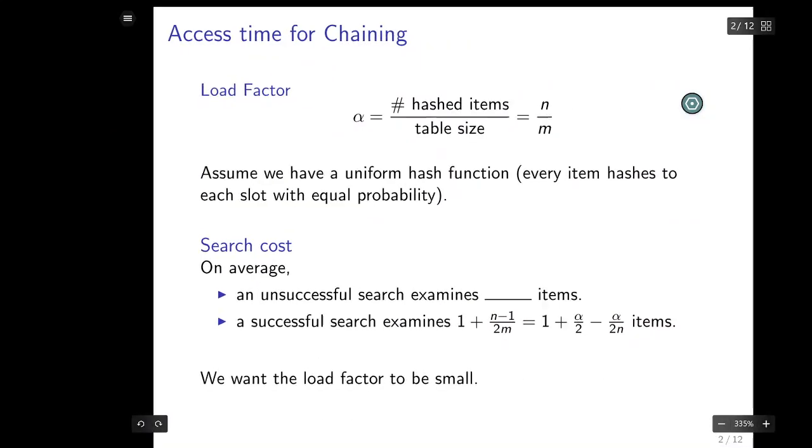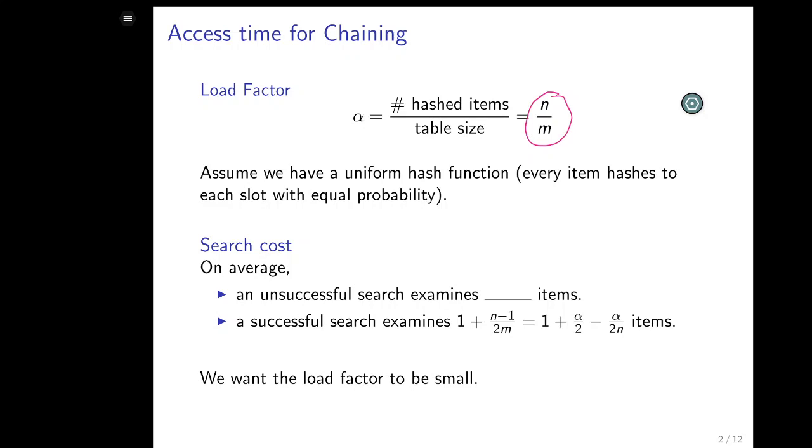And that reminds us about what we were talking about before. The length of the list in each of those slots, if you have a really nice hash function which spreads everything out nicely, which of course you can't guarantee, but if you've chosen a random hash function from a universal family, you get this behavior: the number of things in the table divided by the table size is the length of the linked list in a particular slot.